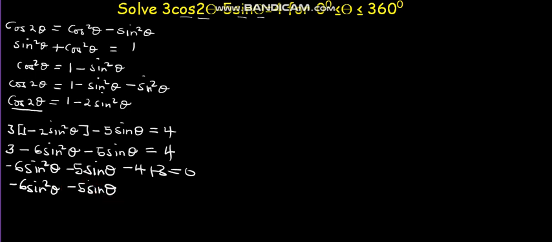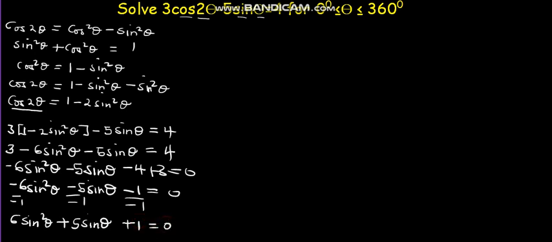Now we have negative 4 plus 3, which is negative 1, and the resultant is 0. Now we can divide by negative 1 throughout, and we shall have 6 sine squared theta plus 5 sine theta plus 1, which is 0.